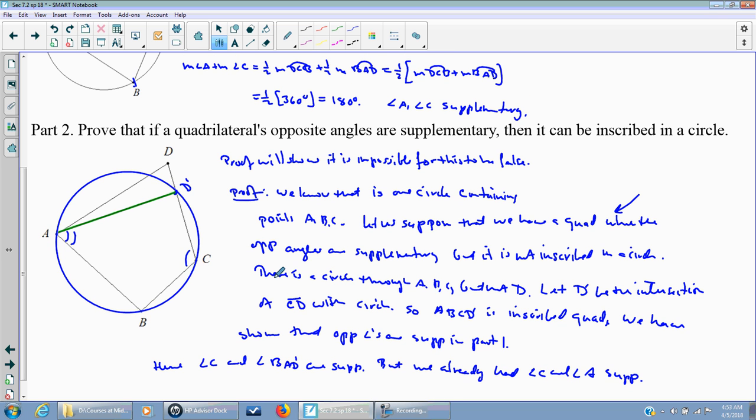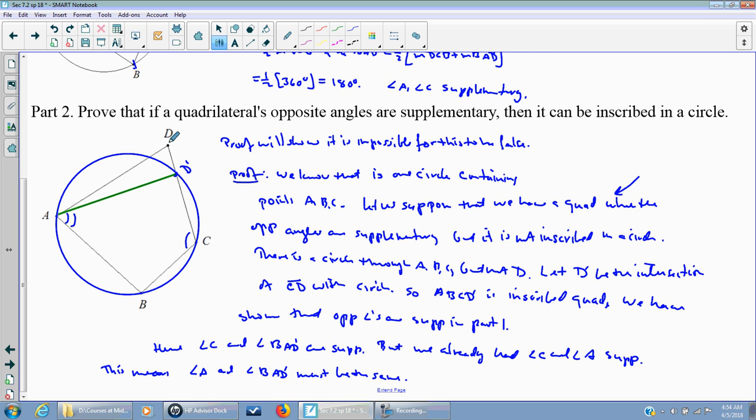So this means that angle A, which was the original angle BAD, and angle BAD prime must be the same. So what that means is that this point D can't be outside the circle.